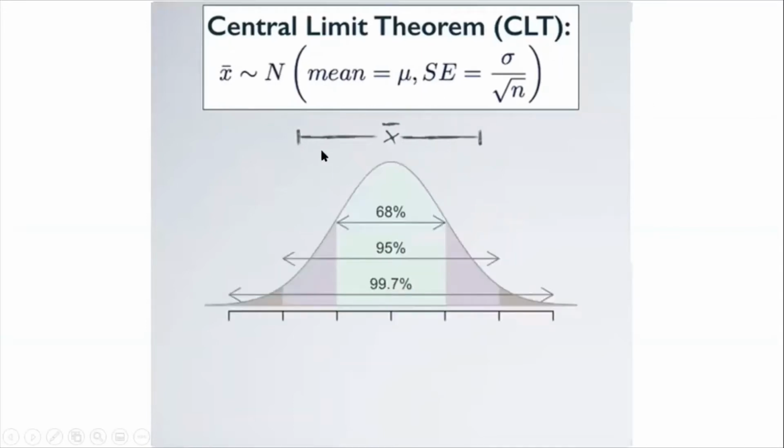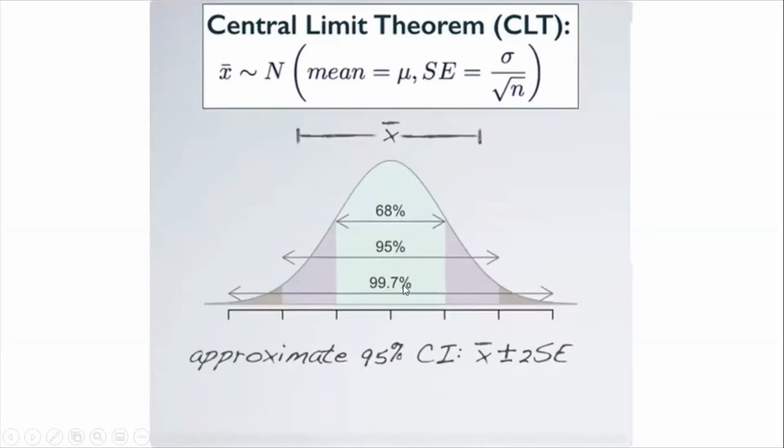According to the 68, 95, and 99.7% rule, what is our point estimate? Our point estimate is the mean of the sample, because based on the central limit theorem, our sample mean is approximately equal to the population mean. Whatever mean we have from the sample, we can say it is the point estimate for a population parameter.